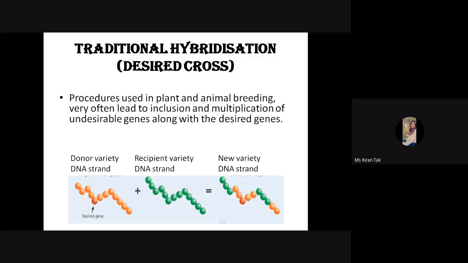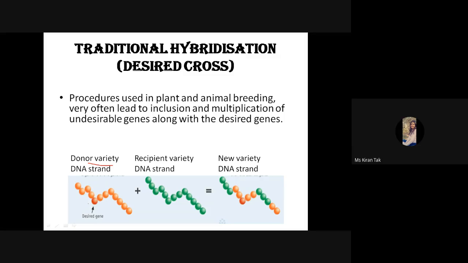So, according to the name, it suggests that when there are two different organisms and there are two different phenotypes present in these organisms, we will cross these two organisms having two different desired phenotypes, and the newly formed offspring after the cross has both the characters from the parents. So here we can see that this is the donor variety DNA strand.